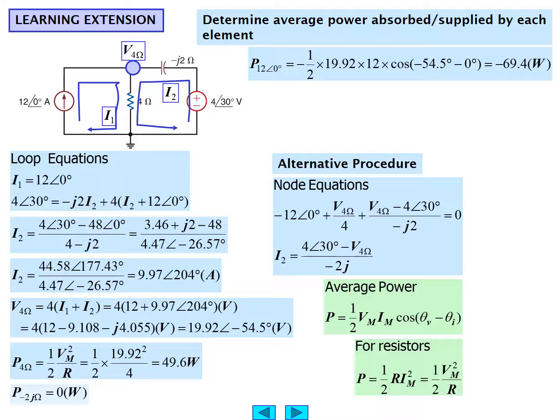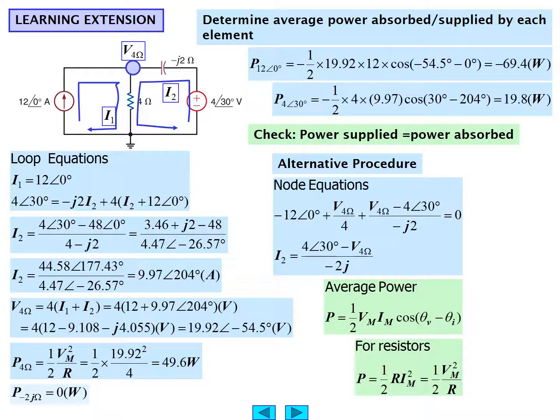The power delivered by the current source, 12 angle 0, is equal to minus 1/2 times 19.92 times 12 times cosine of the difference of the voltage phasor, theta sub V, and the current phasor, theta sub I. In that case, this happens to be minus 69.4 watts. The power of the voltage source, 4 angle 30, doing the same calculation, gives us 19.8 watts.